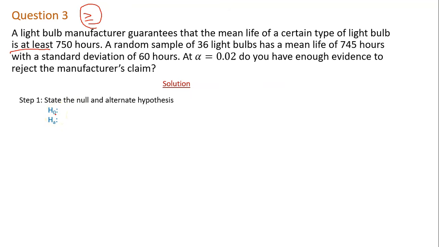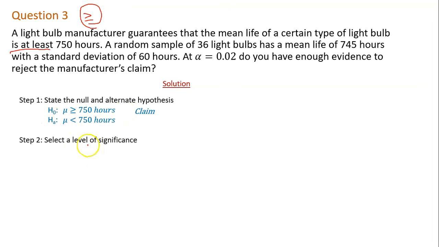So if that is the case, then we are going to write that mu is greater than or equal to 750 hours. So you just write the opposite for H sub A. So mu will be less than 750. So that's all. Then which of them is a claim? It is H naught. H naught is a claim, okay.